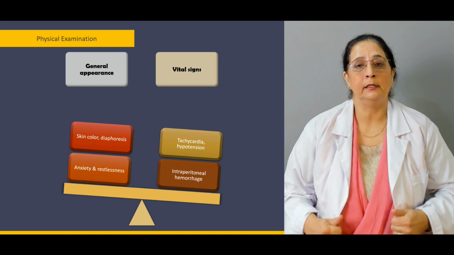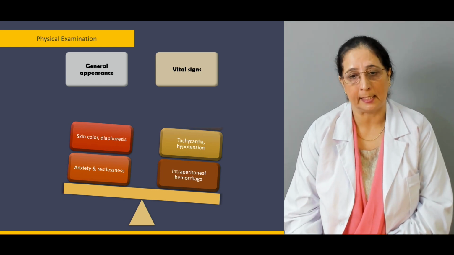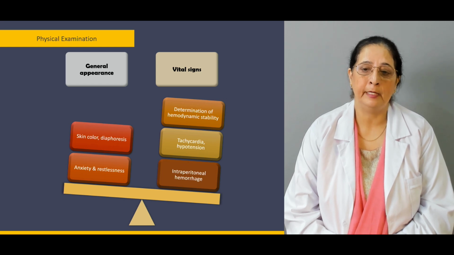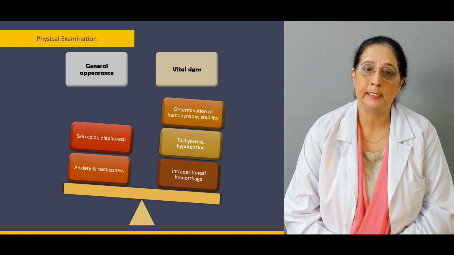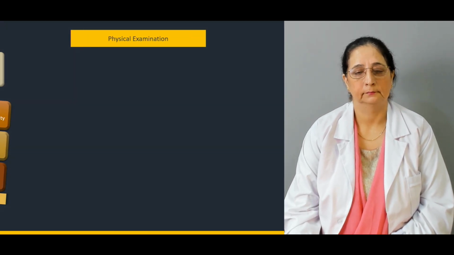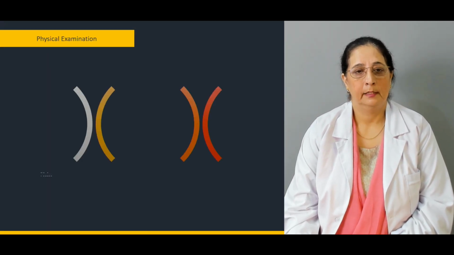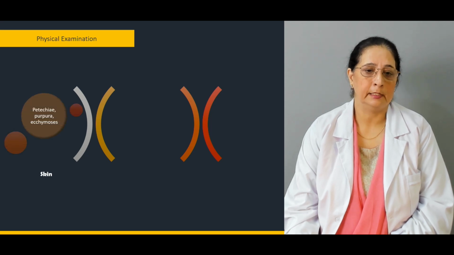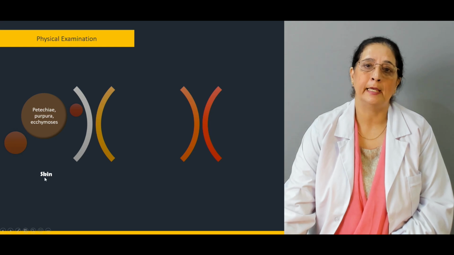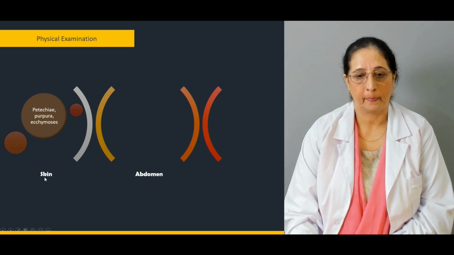All these are the changes in the vital signs. And then determination of hemodynamic stability is important. Next, changes in the skin are purpura, petechiae, and ecchymosis.